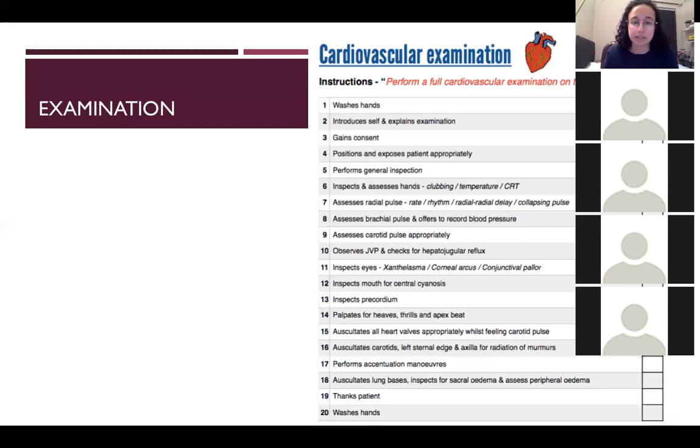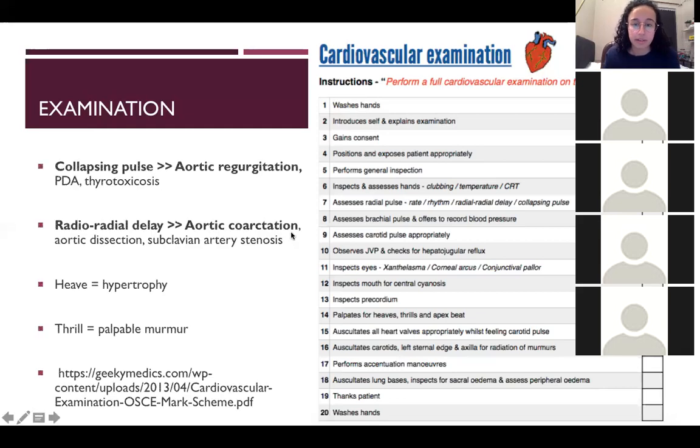Yeah, coarctation, well done. Great. So a collapsing pulse is usually aortic regurg, and these are other things to bear in mind. I don't think I really knew that much that they can be shown by a collapsing pulse, but just things to remember. And radio-radial delay, aortic coarctation or dissection.